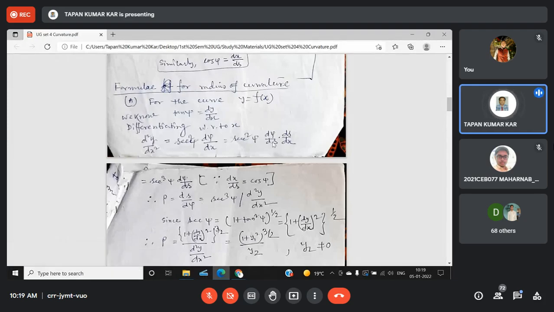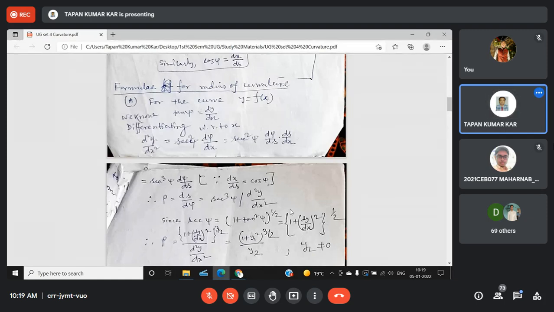Here it is d psi ds. So rho equals sec cube psi by d square y dx square. Just d square y dx square is taken in the denominator, and here it is 1 by rho, taken to this side. So rho equals ds d psi, sec cube psi by d square y dx square.